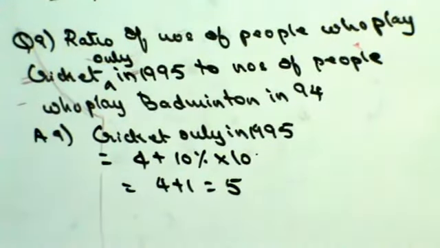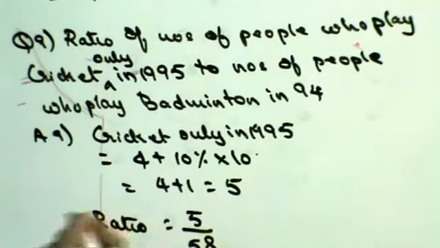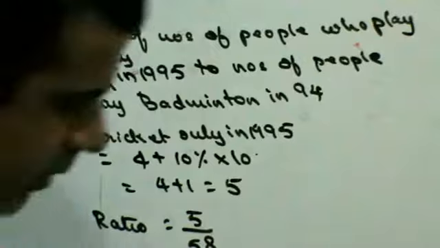That's the number of people who played cricket only in 1995. And the number of people who played badminton is 58. So my ratio is going to be 5 upon 58, which should work out to 0.086. That should be my ratio. Next, let's see the next question, guys.